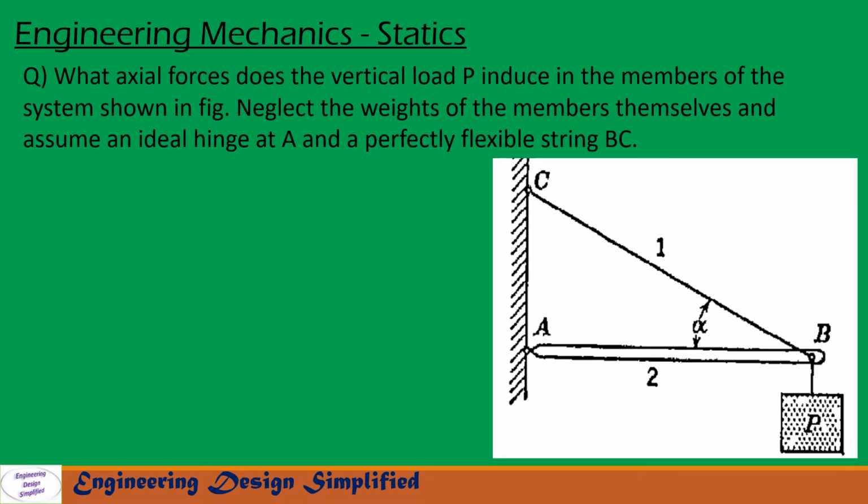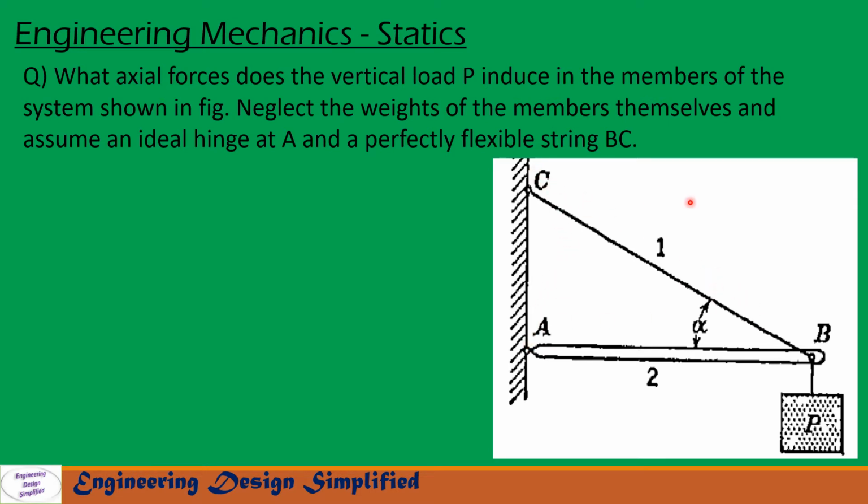Today's problem is: what axial forces does the vertical load P induce in the members of the system shown in figure? Neglect the weights of the members themselves and assume an ideal hinge at A and a perfectly flexible string BC.